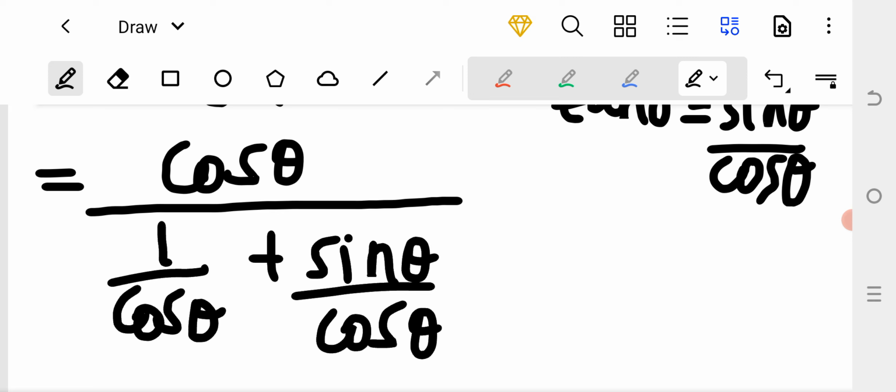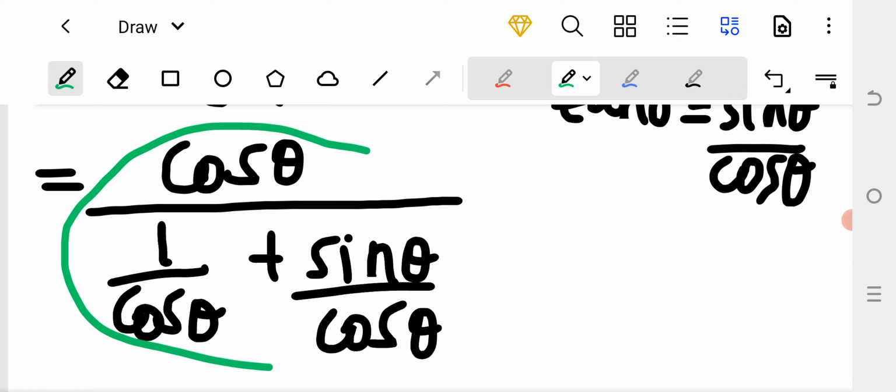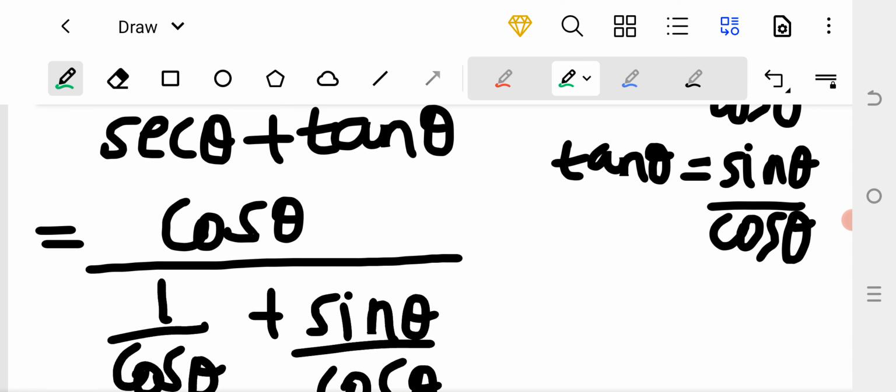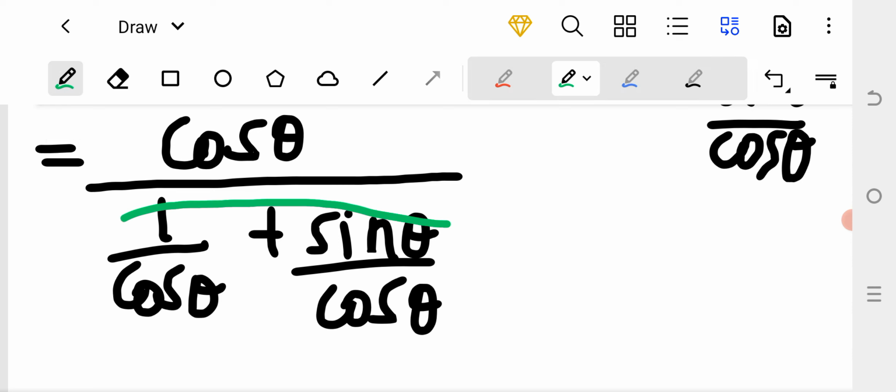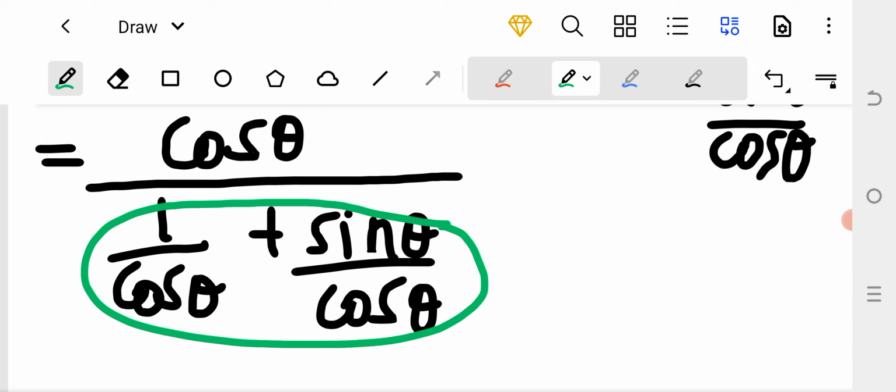This is what we call a complex fraction, where this entire thing is a fraction, and underneath there are also separate fractions.